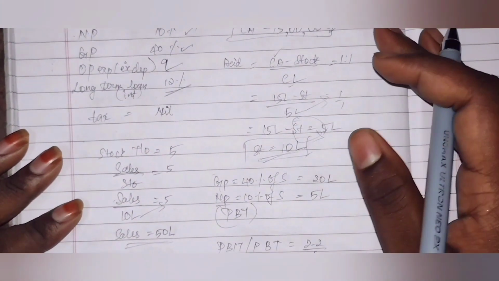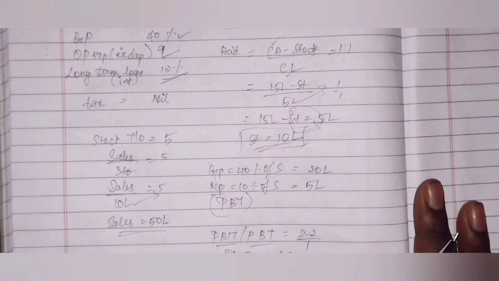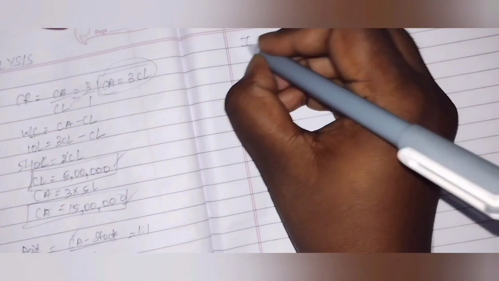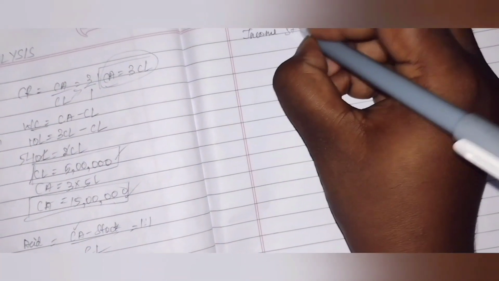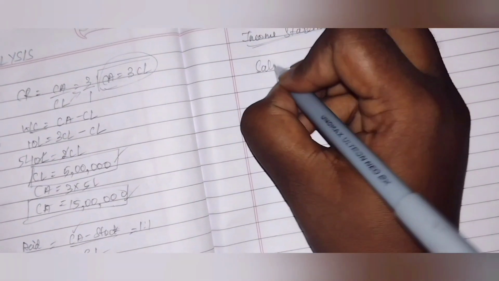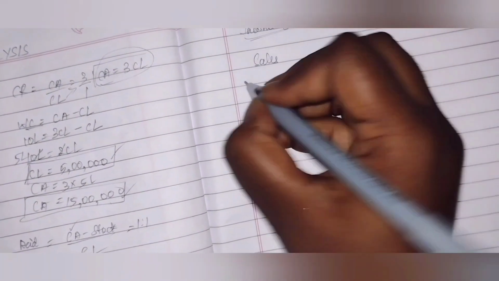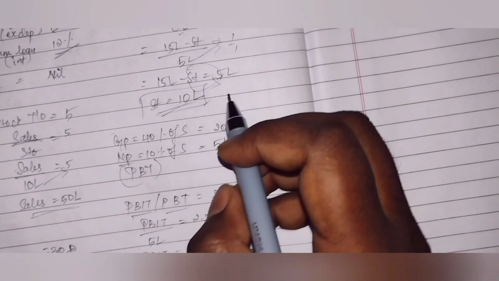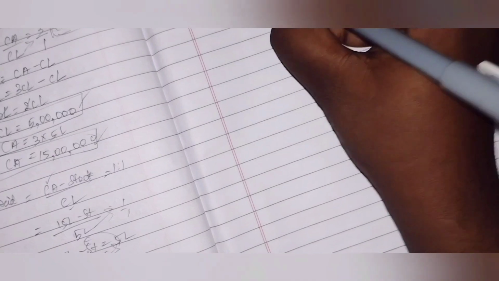And what else can we find out? That's all. Let's prepare our rough income statement. Income statement: sales 50 lakh minus cost of goods sold, which we found out would be 30 lakhs.